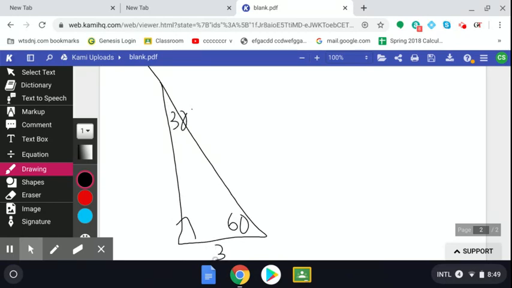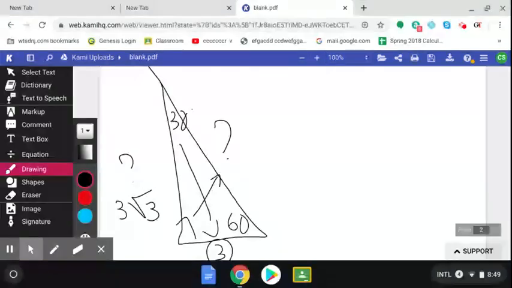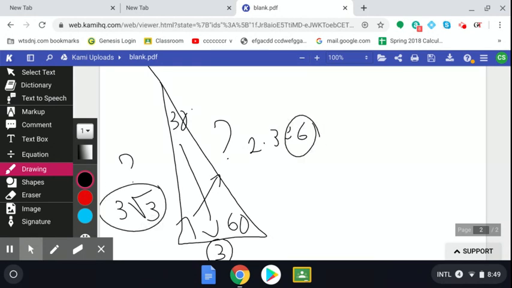Let's say this is 3 units, and I ask you to find this and to find this. Well, this would be the shorter leg because it's across from the 30-degree angle. The longer leg is always going to be 3 times the square root of 3. And the hypotenuse is always going to be 2 times the short leg, 2 times 3, which gives you 6. So now you have all 3 measures. These are shortcuts for triangles with these angles.